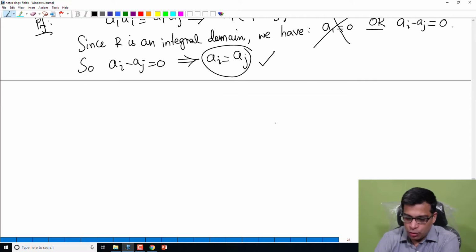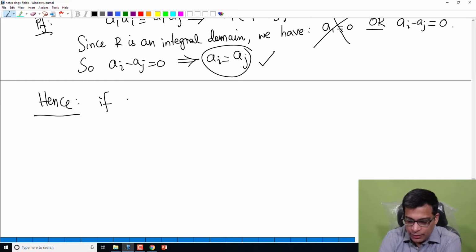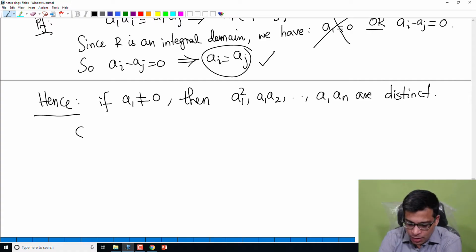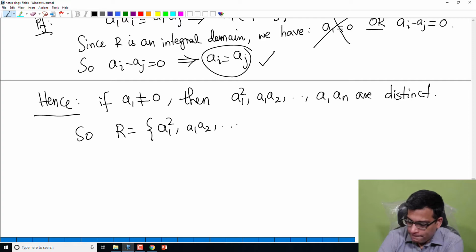So what did we conclude? Hence, if A1 is not 0, then A1 squared, A1 A2, up to A1 AN are distinct elements. In other words, R is equal to the set {A1 squared, A1 A2, ..., A1 AN}.